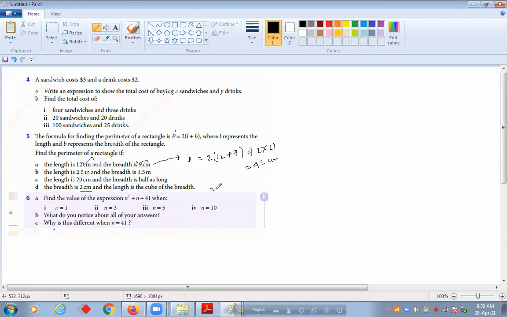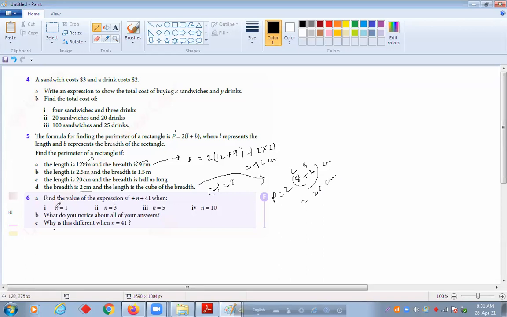That means cube of 2 is 8. So length is 8, breadth is 2, and perimeter is into 2, that means 20 centimeter. Okay, we have done this one also.